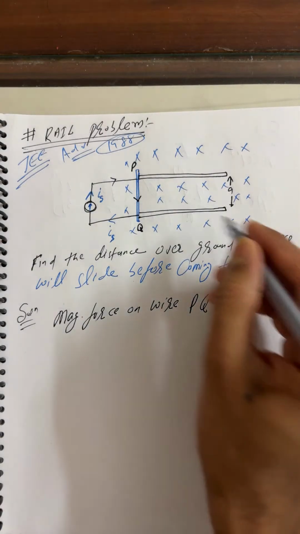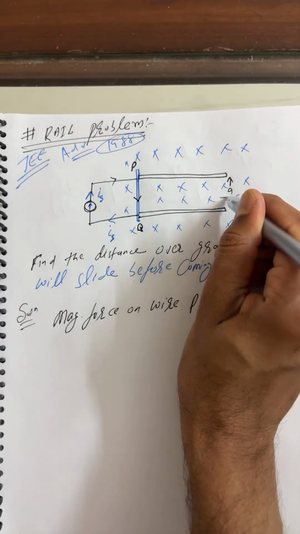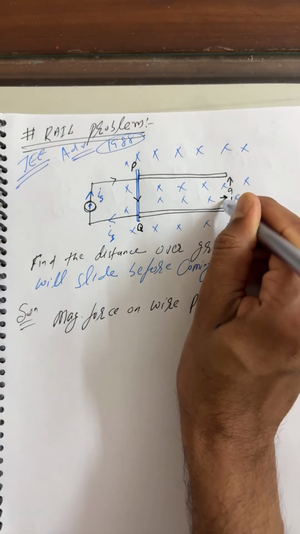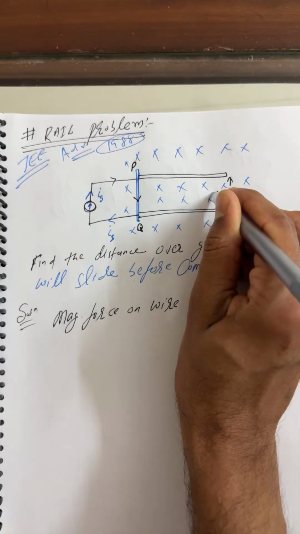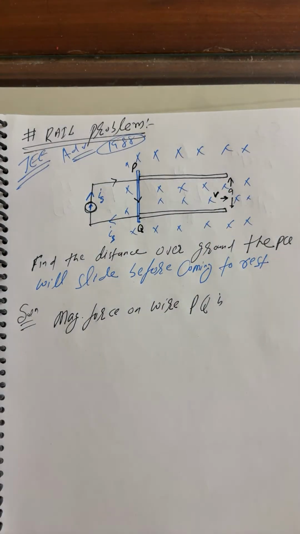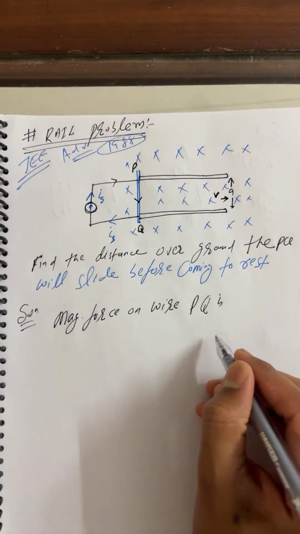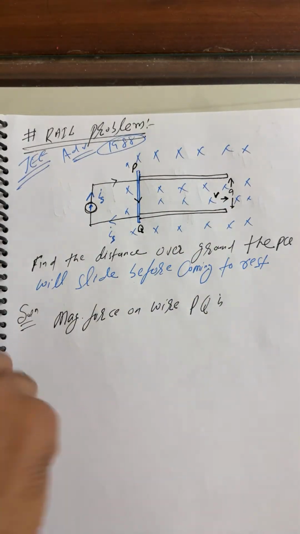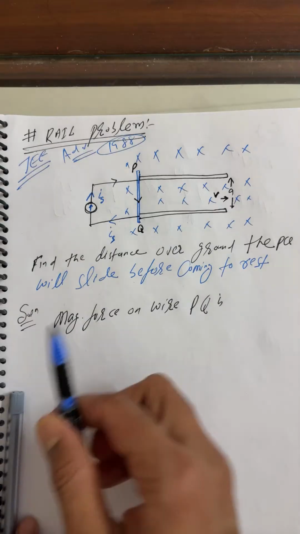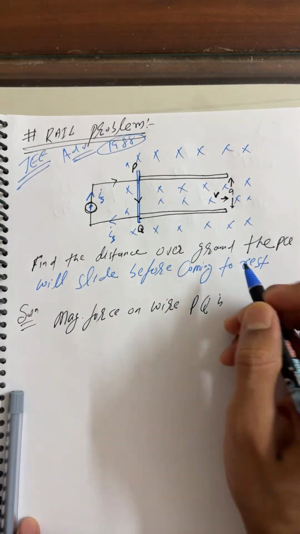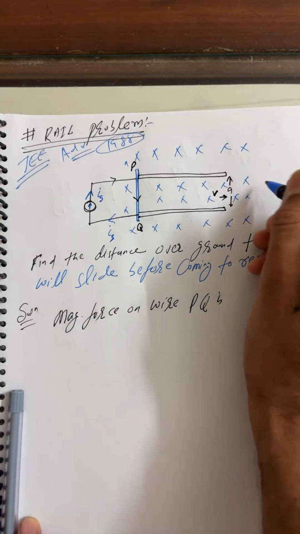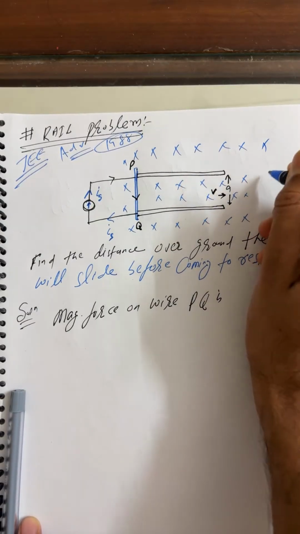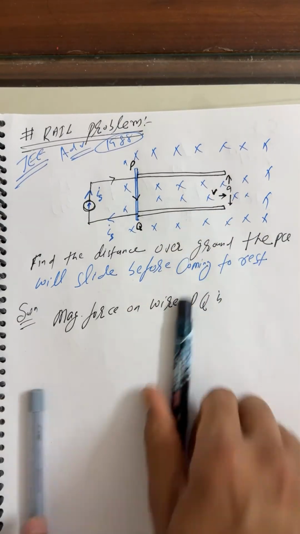Finally I can see this is coming out with velocity v, and if this rod finally falls over here, let us suppose this is a uniform magnetic field.